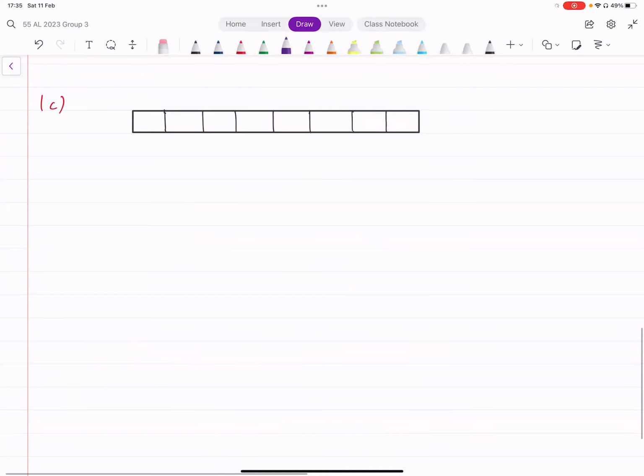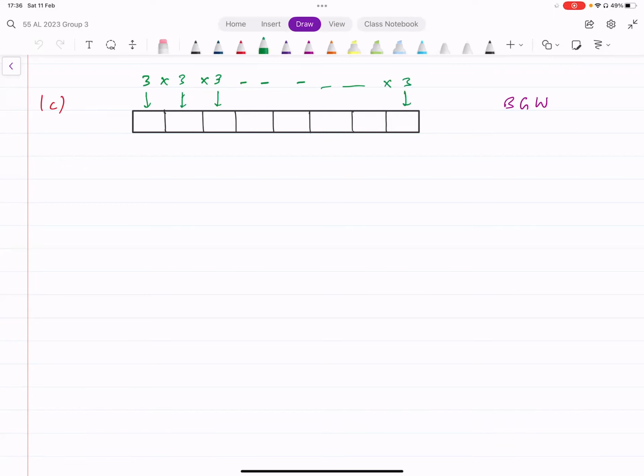You have 3 colors which are black, gray, and white. How many options do you have for the first box? You've got 3 options. You could put any of those 3 in the first box. Then what about the second box? 3, third, 3, and so on. Right? सारे boxes के लिए आपके पास 3 options हैं until the last one. What does this become?